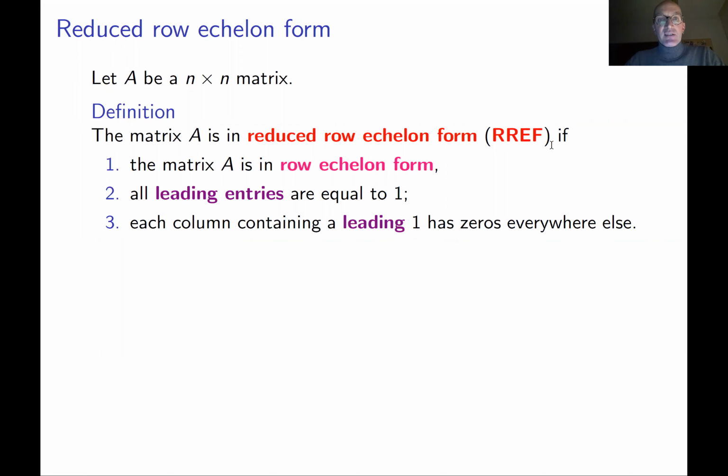And so your matrix is in reduced row echelon form if it's in the row echelon form, and in addition, all leading entries are 1, and each column containing a leading entry 1 has zeros everywhere else. By definition of the row echelon form, in the corresponding columns you have zeros below the leading entry, but if it's in reduced form, there are zeros also on top of the leading entry.